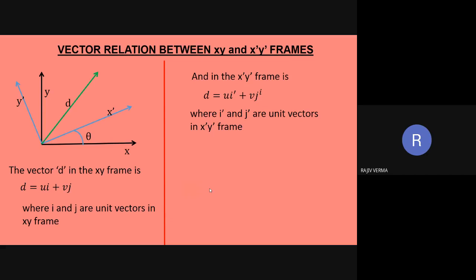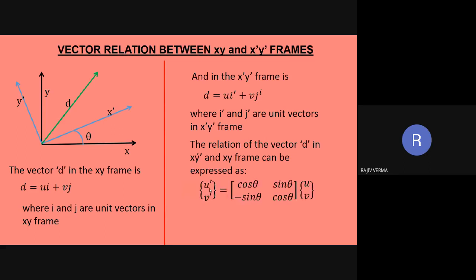And now the relationship of the vector d in the x dash y dash and xy frames can be expressed as this equation, which basically is a trigonometric equation, obviously involving plenty of cosine and sine terms.